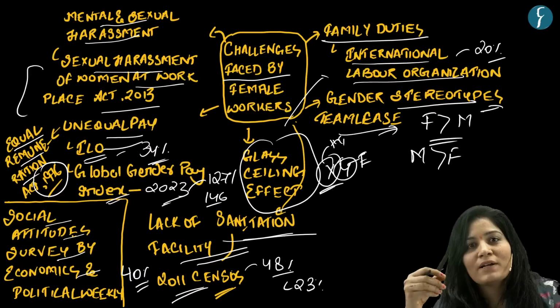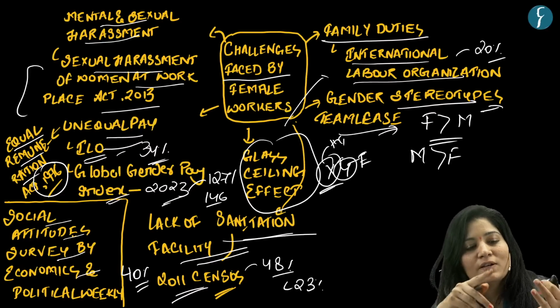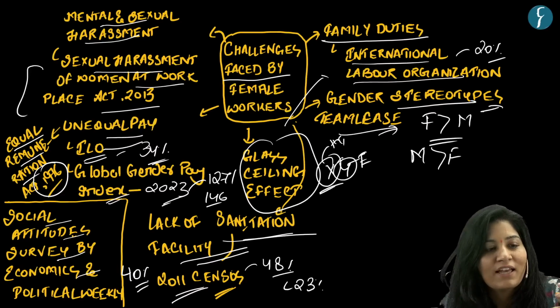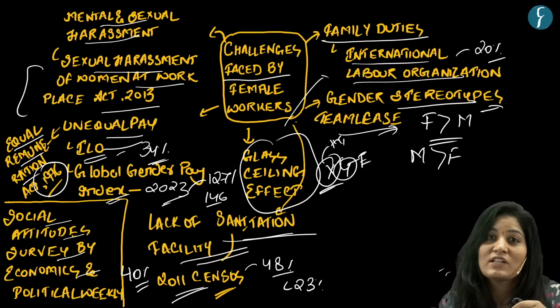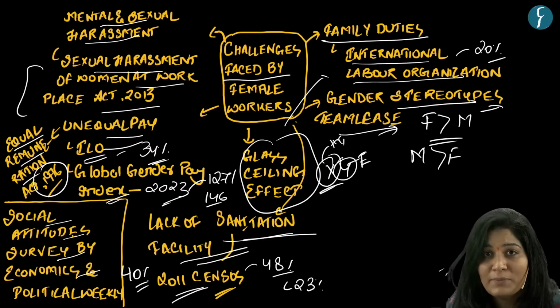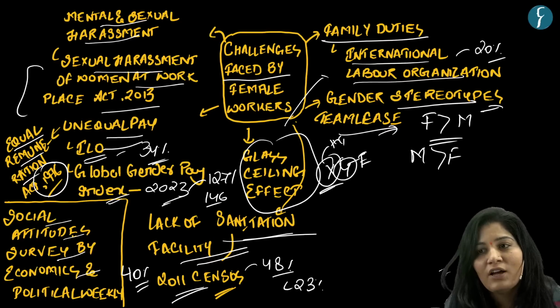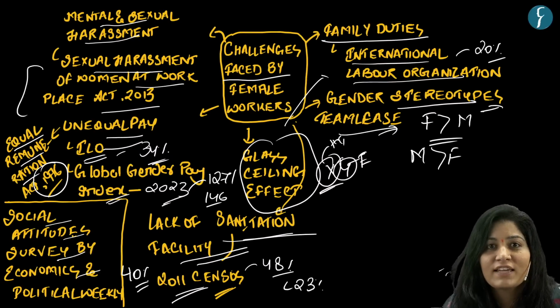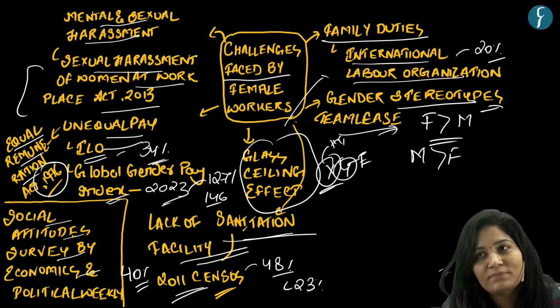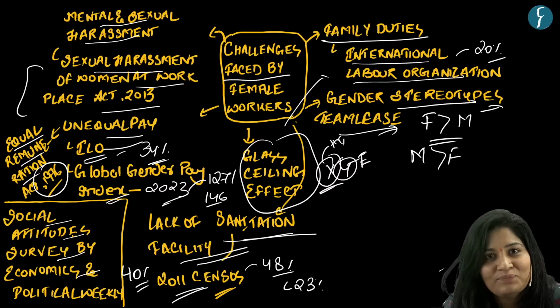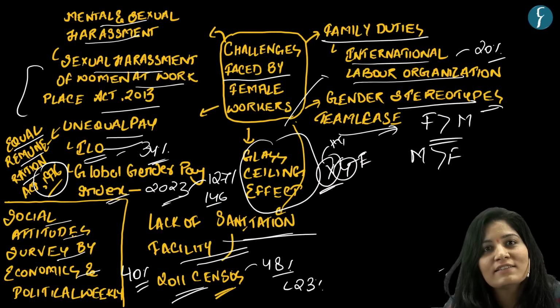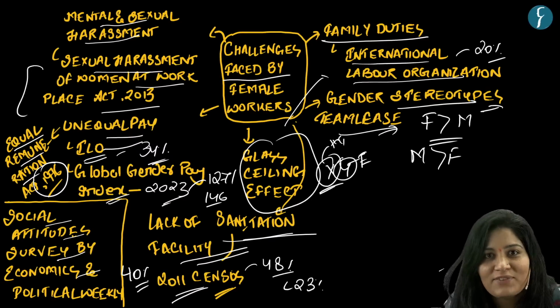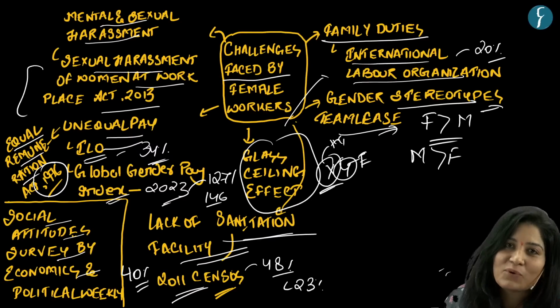We need them because they are the key drivers of societal progress and economic prosperity. So by unlocking the potential of women's participation, we can solve our problems like poverty. We can have good human capital, which will take us near to our SDG goal 5, that is, promotion of gender equality.